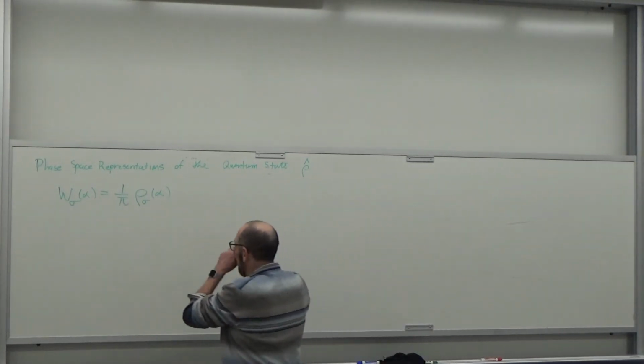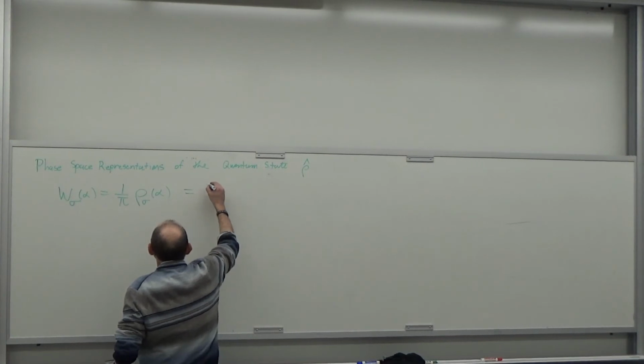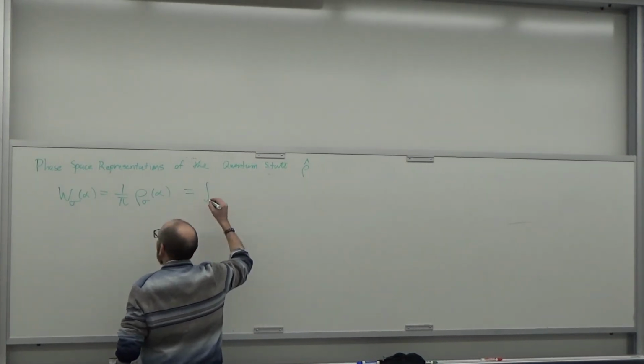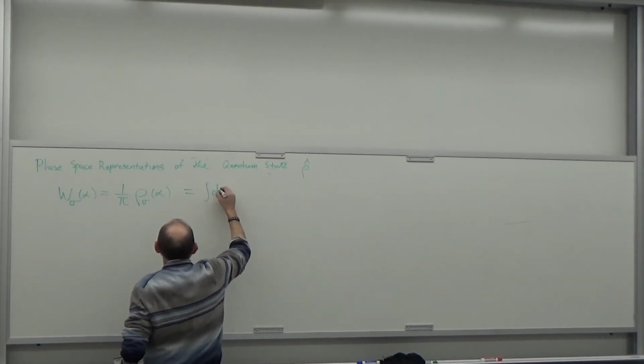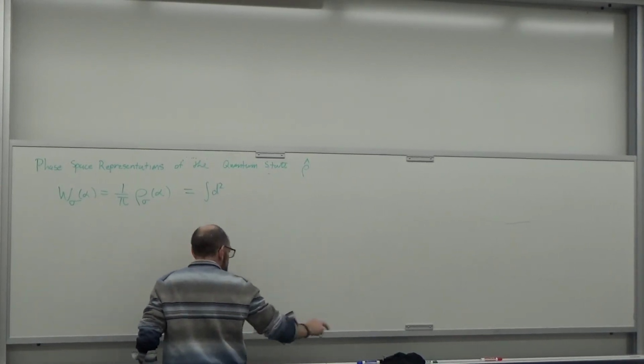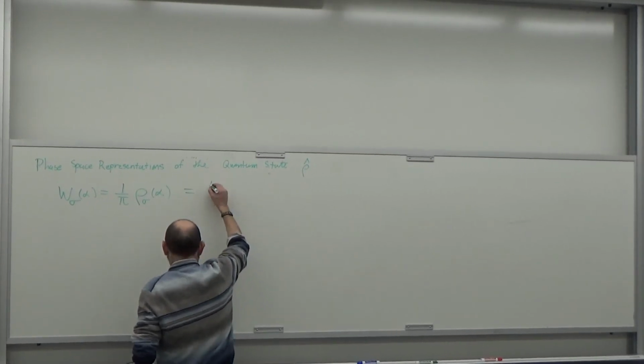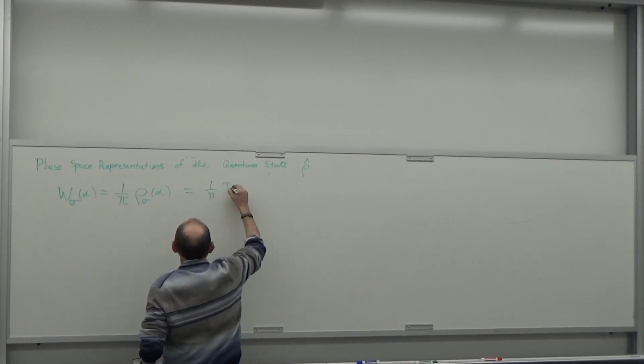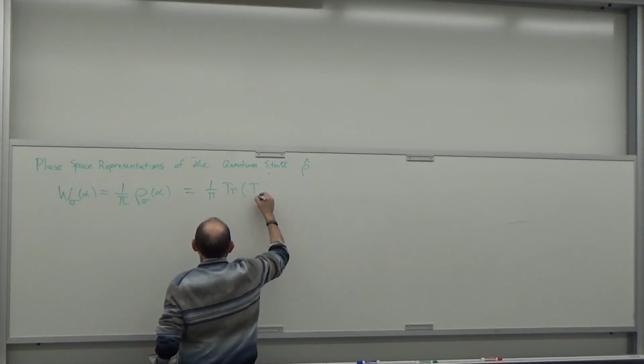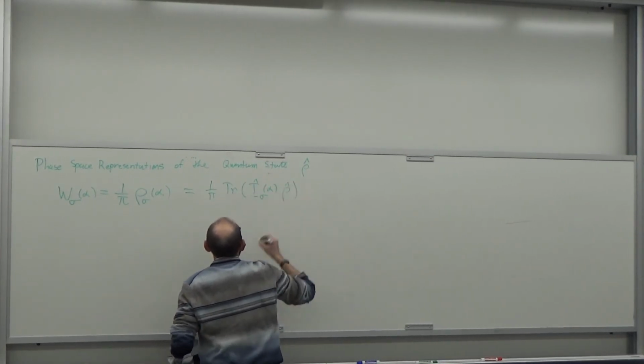So this is going to be equal to the integral 1 over pi, the trace of T minus sigma of alpha with rho.